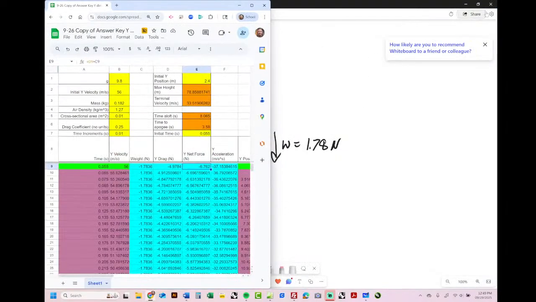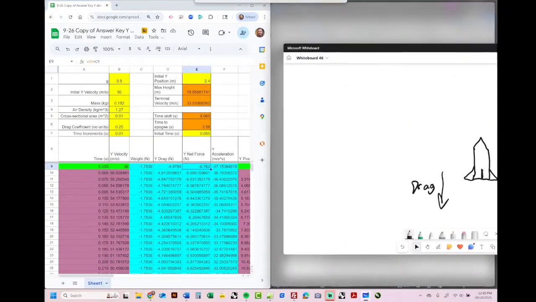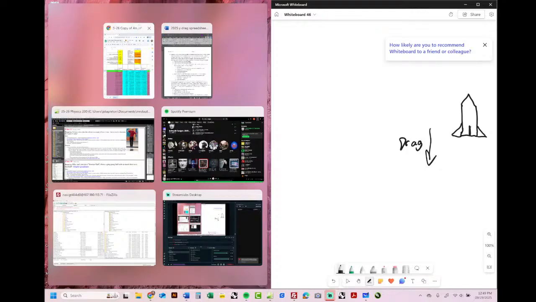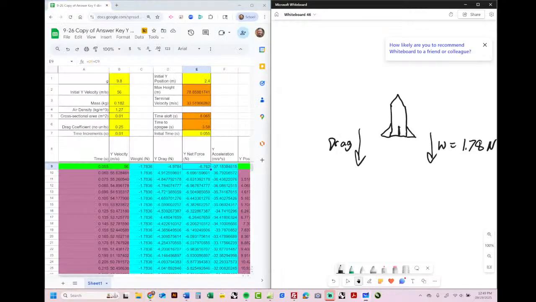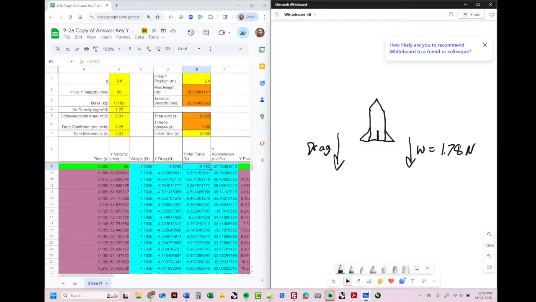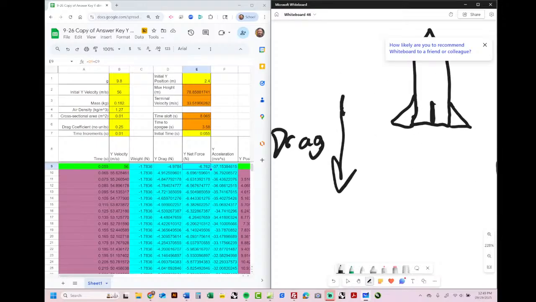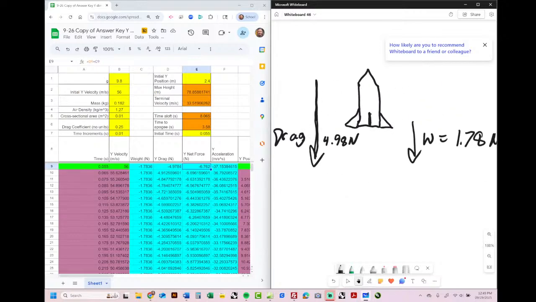Maybe I can see both things at a time. So the drag force, I'm going to make this arrow bigger because it's a stronger force than that, is 4.98 newtons.